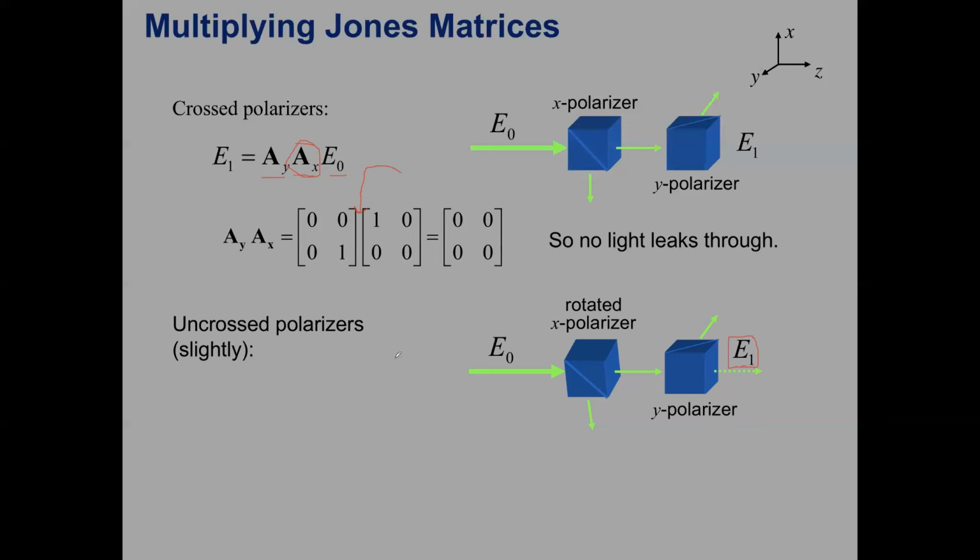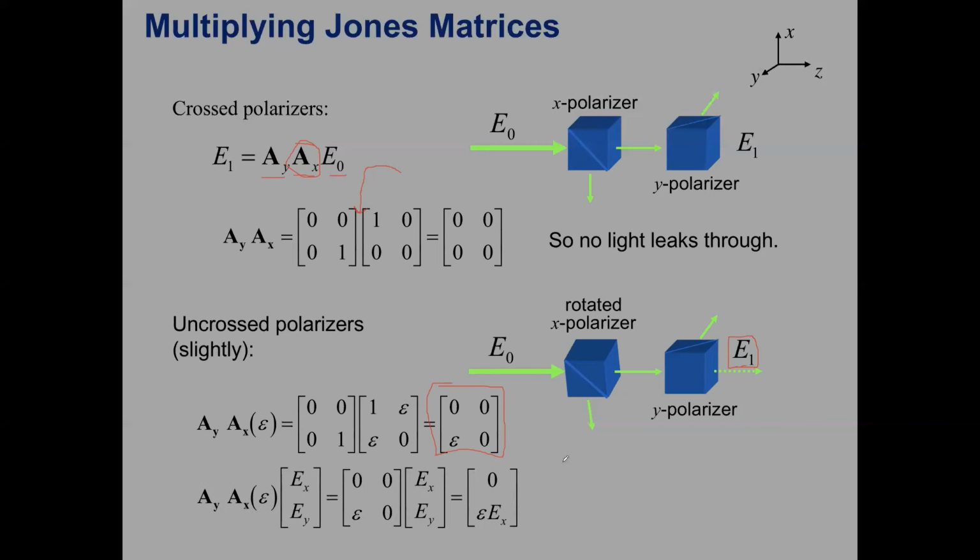So we take the X polarizer matrix and replace it with a matrix for a polarizer rotated a small angle epsilon from the x-axis. We multiply this through, and all of a sudden our total overall Jones matrix no longer will make the output polarization 0.